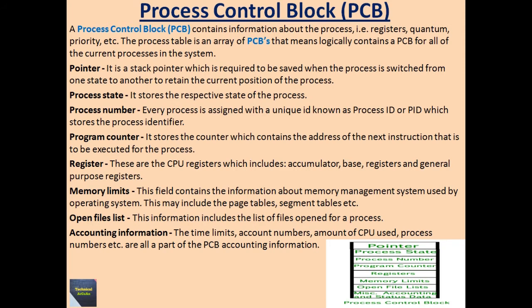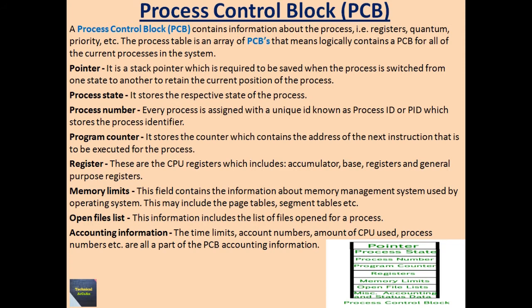The process table is an array of PCBs, that means it logically contains a PCB for all of the current processes in the system, right? And what it contains: first, pointer. It is a stack pointer which is required to be saved when the process is switched from one state to another to retain the current position of the process. Next one, process state.